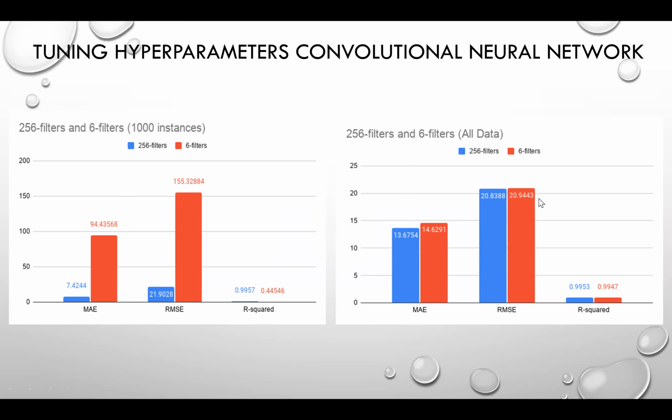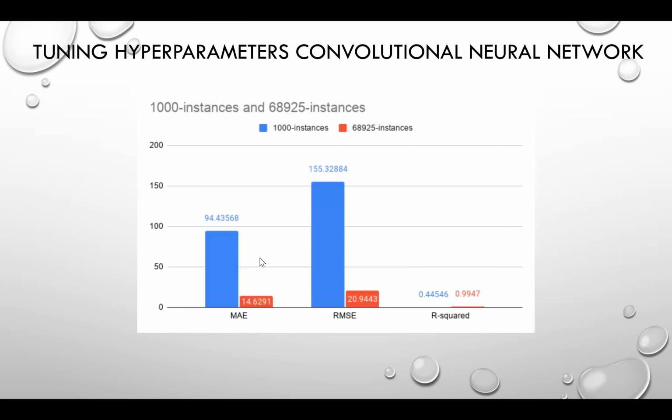Therefore, when dealing with large data, using a small number of filters can avoid overfitting. Also, this figure shows that the accuracy improved when increasing the data size with a few filters. And based on these findings, we constructed our CNN architecture.